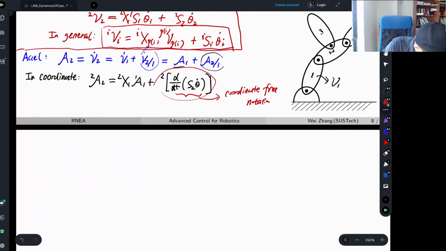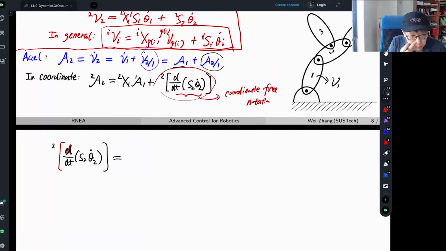So that one is d/dt of s2 theta 2 dot, expressed in 2, equals... I may ask Liuben, what is it?